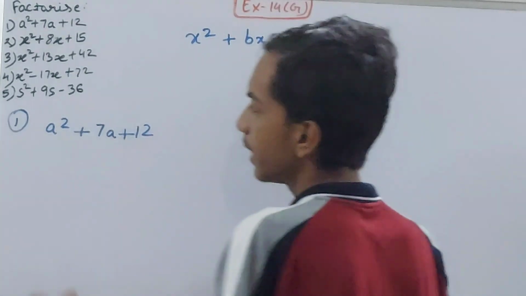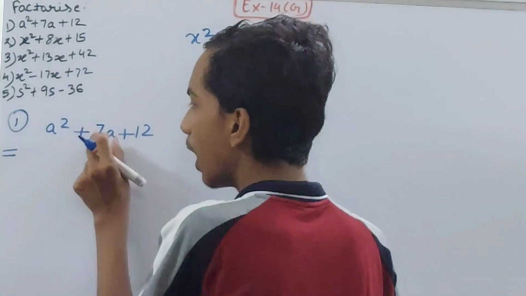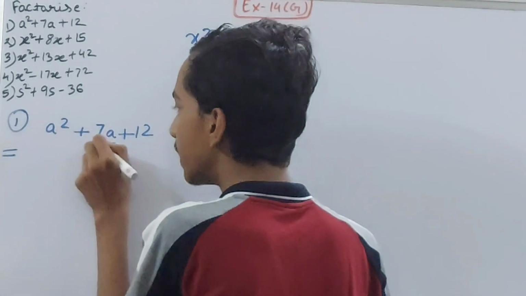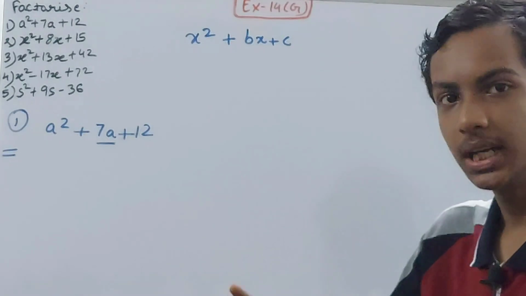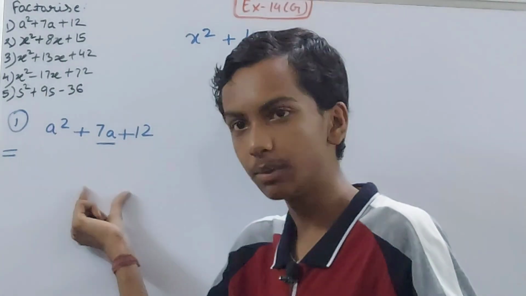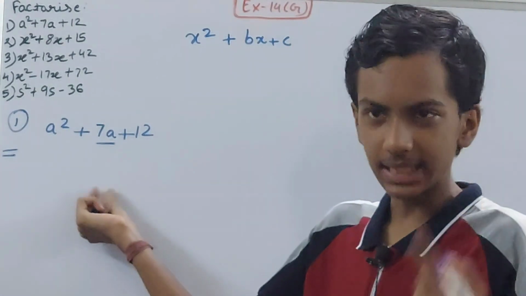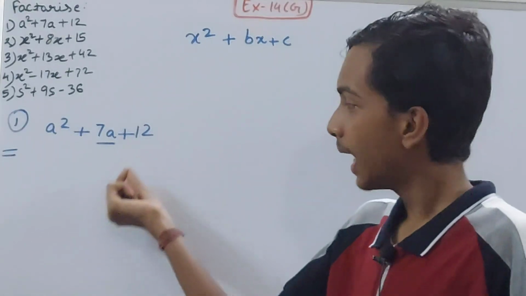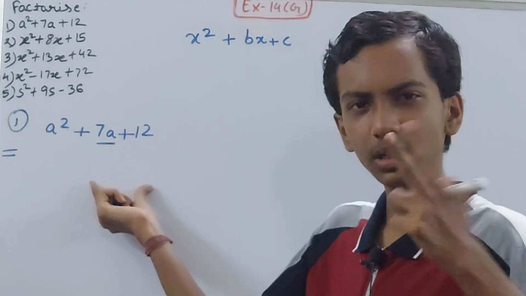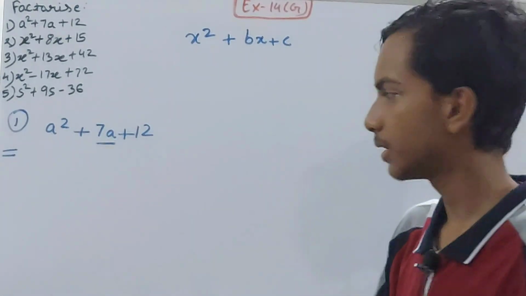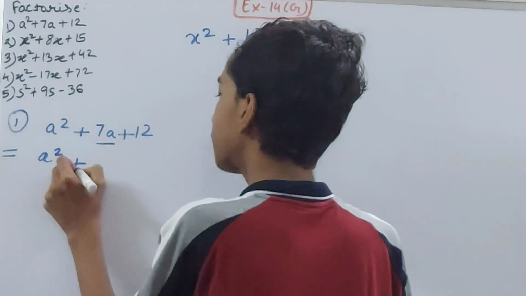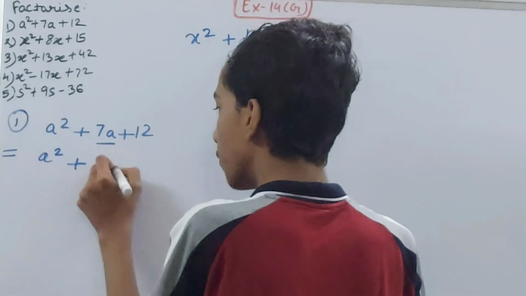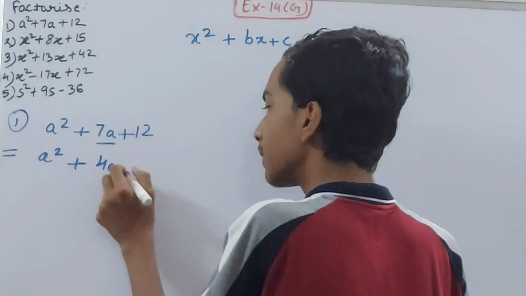Okay, how do you have to break it down? You only have to break this middle term. This 7a we have to break down in such a way that the sum of the two terms will be 7a, and the product of the numerical coefficients is going to be 12. See here, I will show you: a square plus, so we can take 4a as one term.